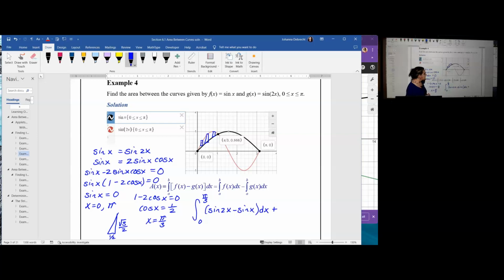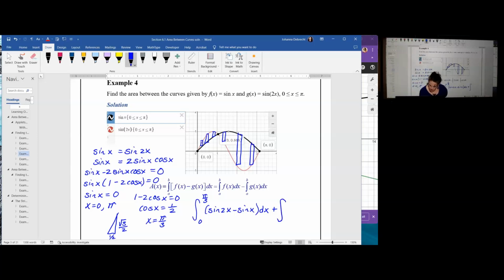Now we have to figure out what's on top and what's on bottom in the second region. In the second region, it is sine x that is above sine of 2x. And again, by drawing vertical strips from one side to the other, you can tell that what's on top in that region and what's on bottom doesn't change.